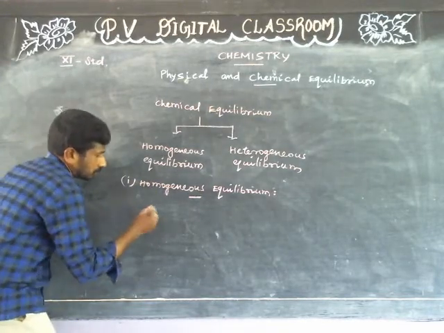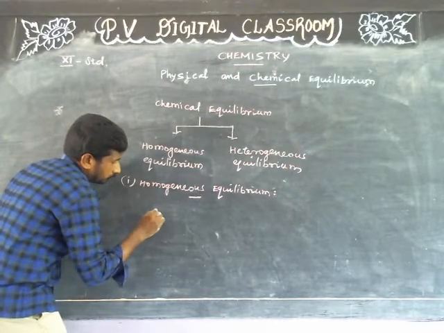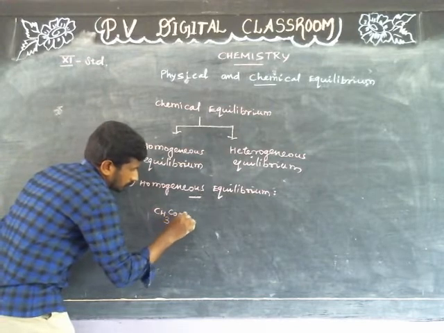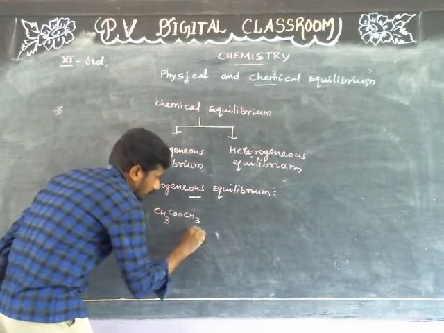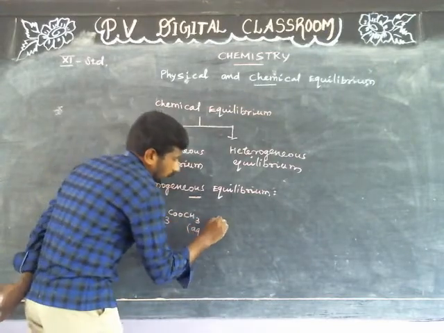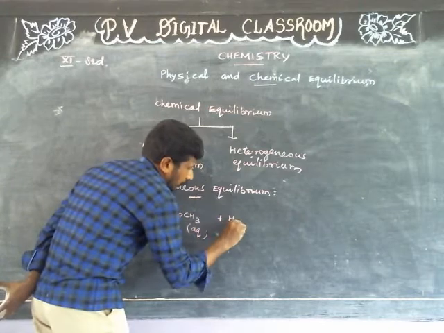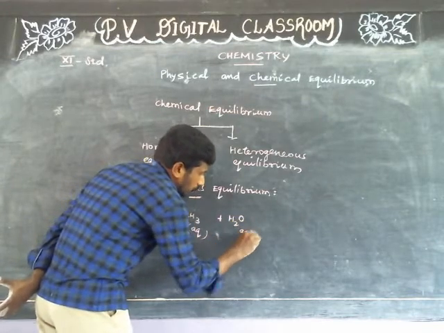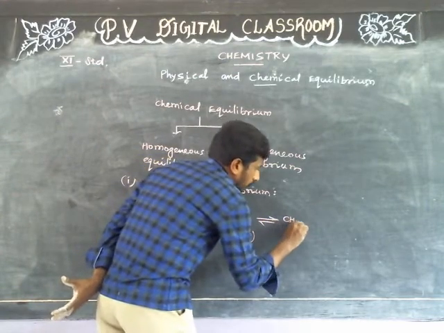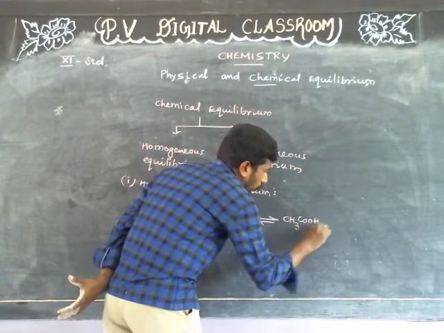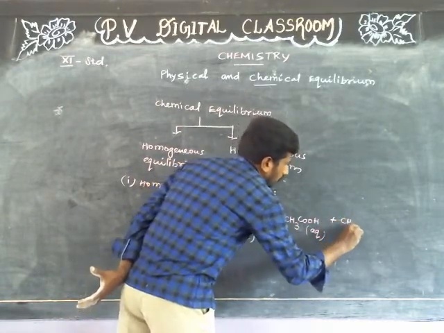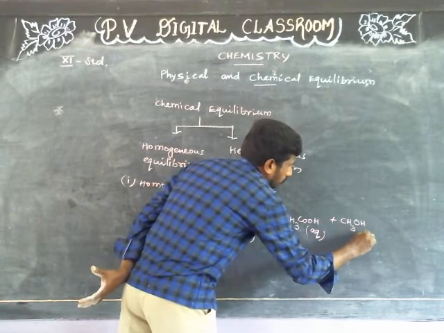Example: CH3COOCH3 plus H2O in equilibrium with CH3COOH plus CH3OH.